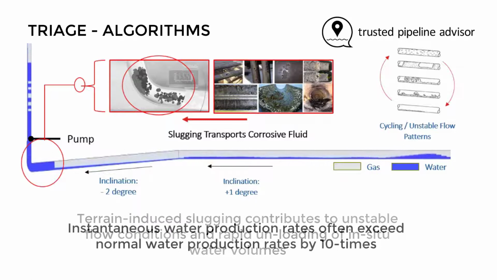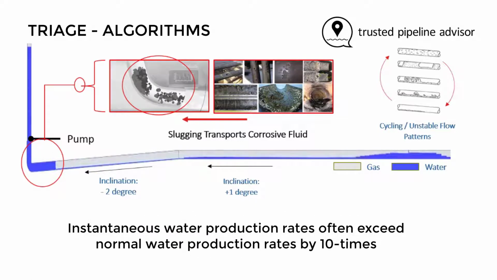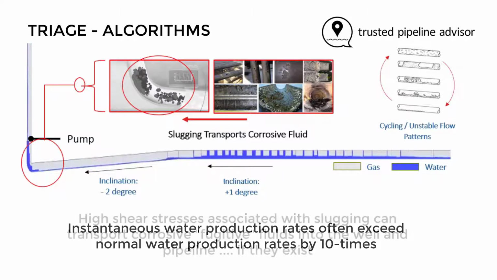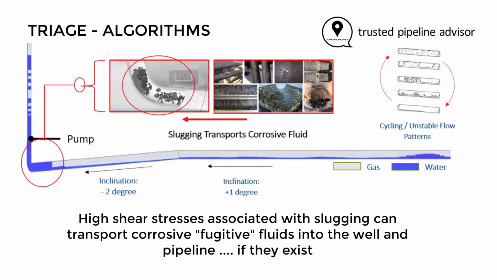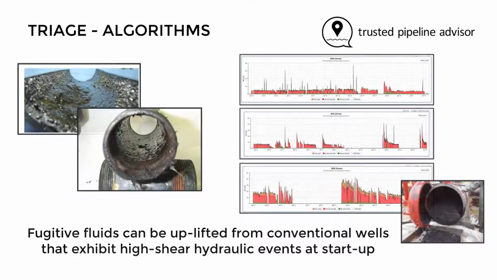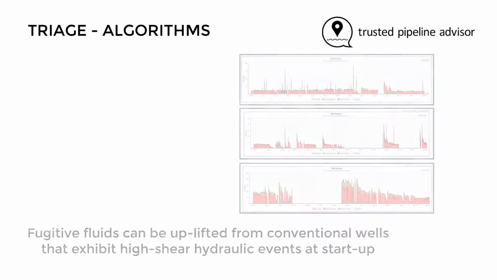Instantaneous water production rates can often exceed normal water production by 10 times. High shear stresses associated with slugging can transport corrosive fugitive fluids into the well and pipeline if they exist. Fugitive fluids can also be uplifted from conventional wells that exhibit high shear hydraulic events at startup.